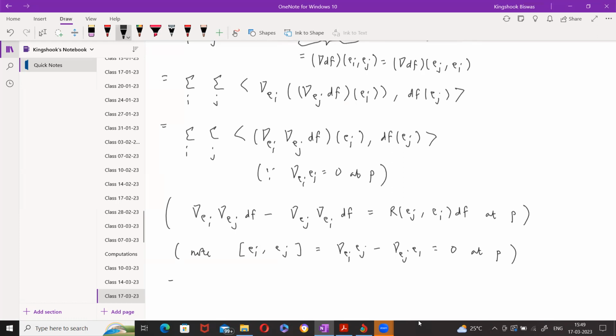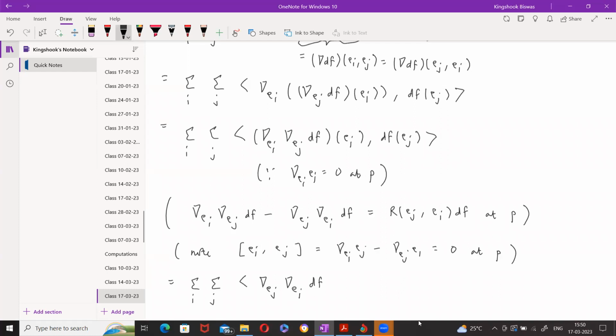So I can interchange these two and I'll pick up a curvature term. Let me do that. Then I get the sum over i, sum over j, and this nabla e_i nabla e_j I can interchange to get nabla e_j nabla e_i df.